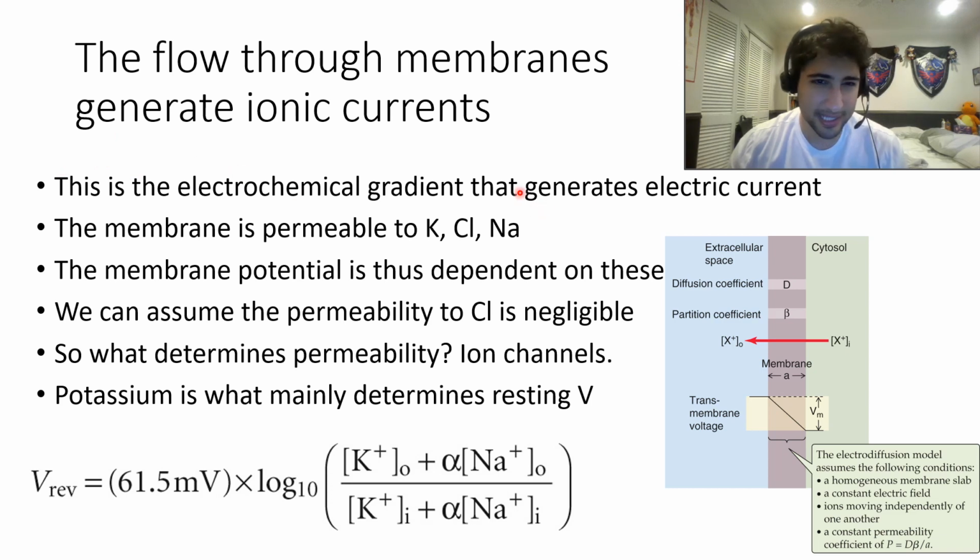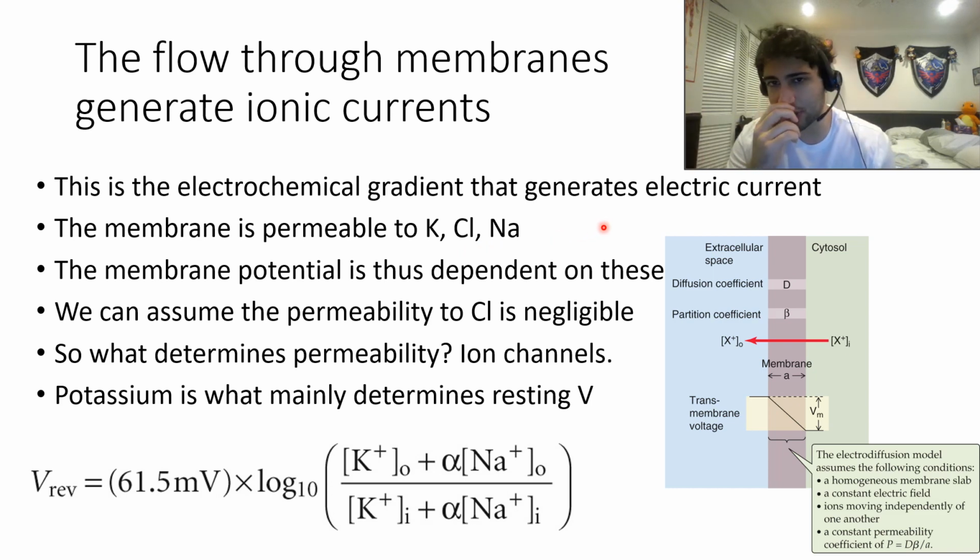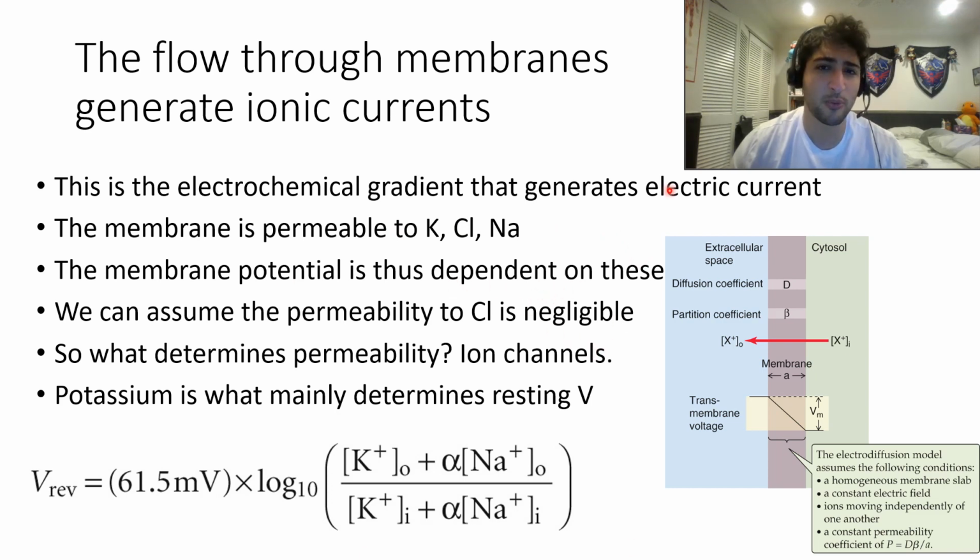As you can see, the electrochemical gradient depends on a couple of things. The membrane is permeable to potassium, chloride, and sodium, and the movement of these generates electric current, calcium to some extent as well. We're going to assume the permeability to chloride is negligible, though that's not 100% true. Chloride does have channels, and the exchange of chloride is very important, but for what we're talking about here, we're going to disregard chloride.